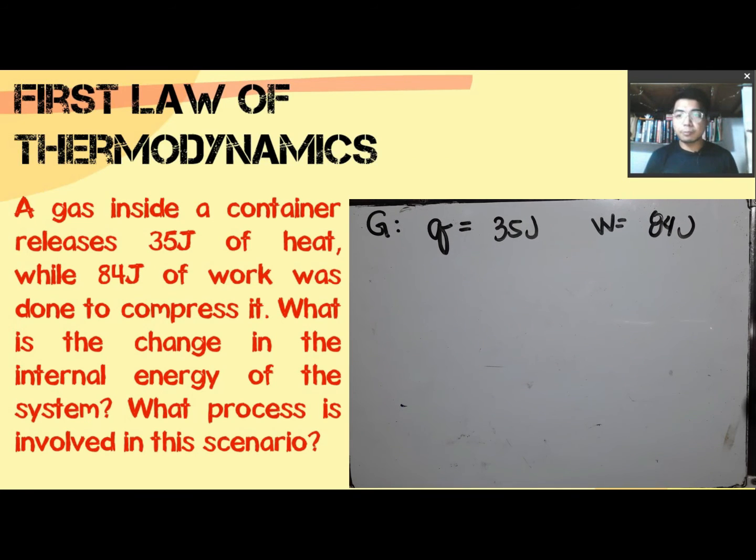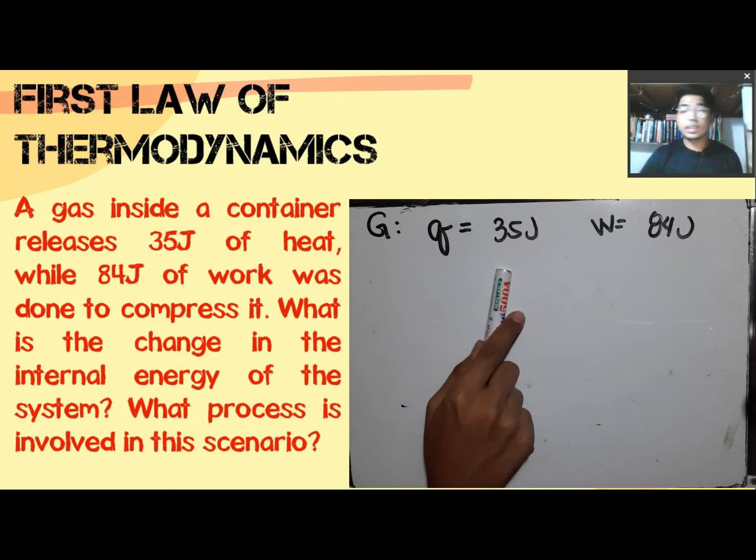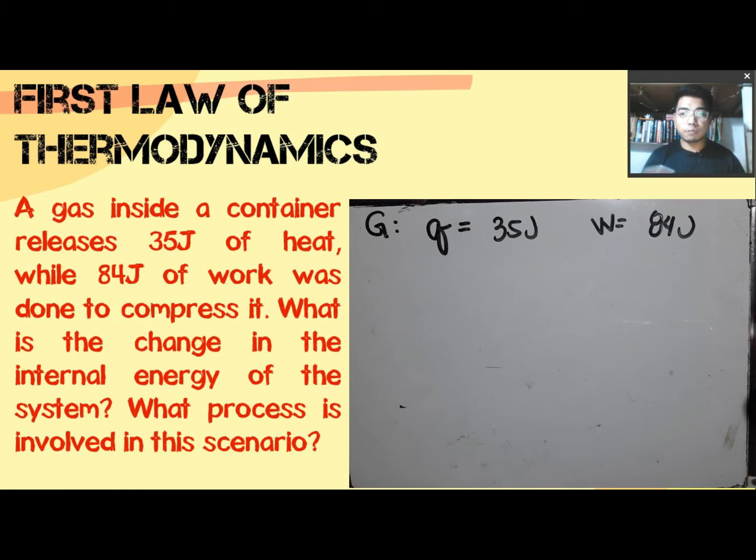Now, before we proceed with the required, equation, solution, and answer, let's consider first what are the integers. Will they be positive or will they be negative based on the keywords that are present in the problem? Let's simply start with heat. According to this problem, a gas inside a container releases 35 joules of heat.